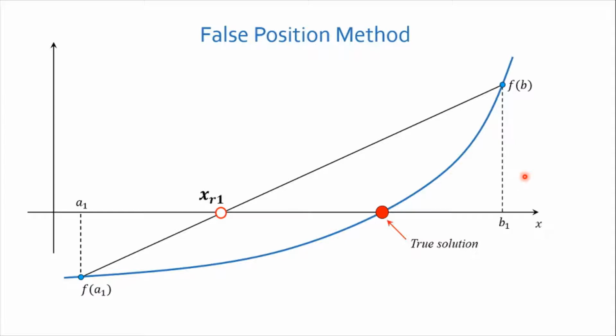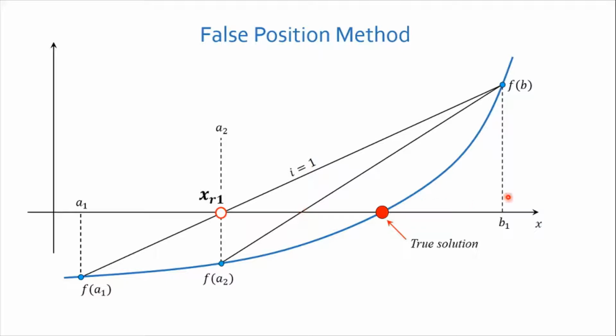Then this value is projected to the graph of the plot of the function, and we have our second subinterval, in which a sub 1 and x sub r1 become a sub 2. Connecting again those two points by a straight line, it touches again the x-axis.